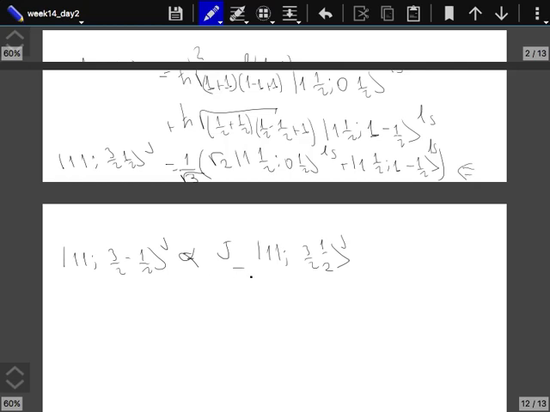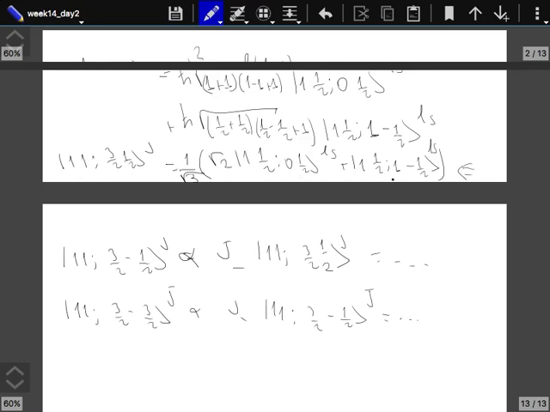I know how L minus and S minus act on the uncoupled basis, so I can just calculate it. This will be my third state, and the fourth state will be this one. This will again be proportional to J minus acting on 1, 1, 3/2, minus 1/2, which you can calculate in a straightforward manner.